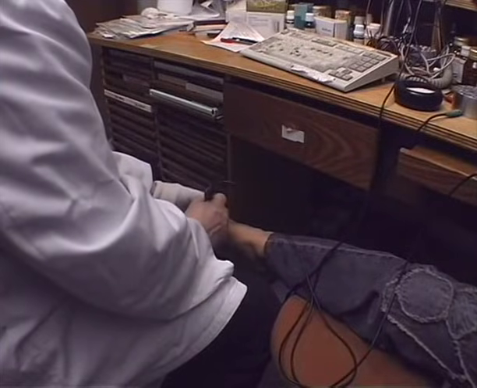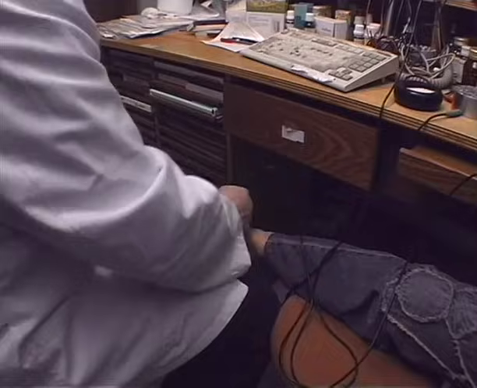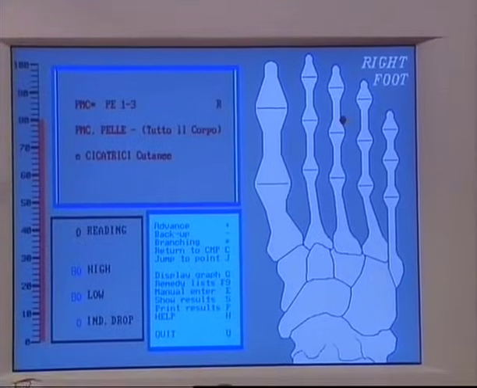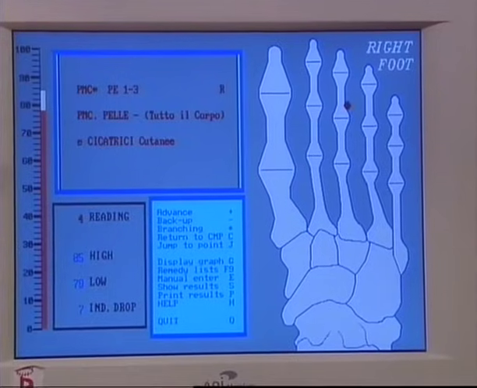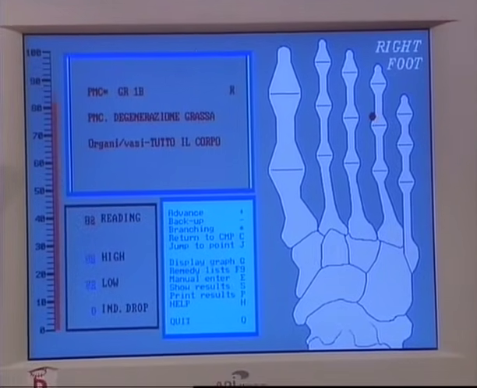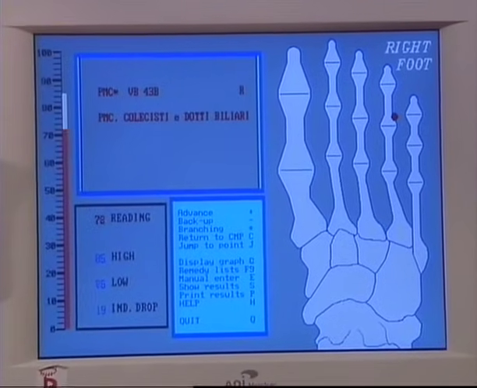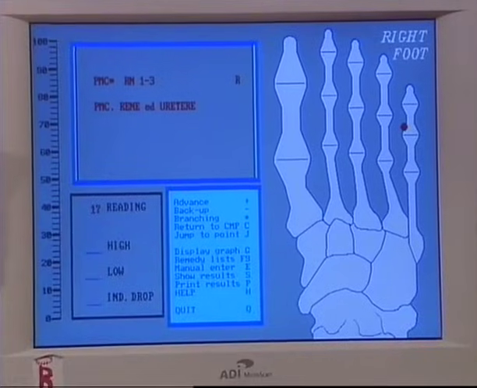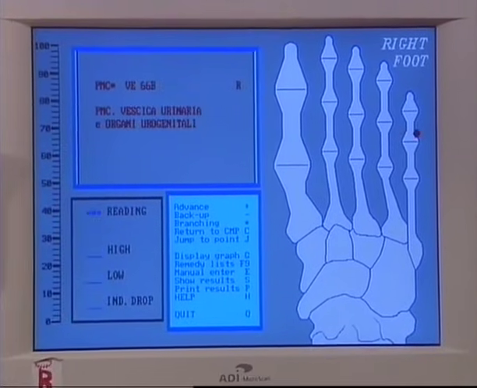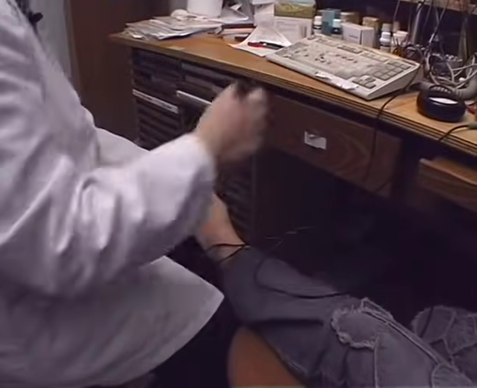This is the stomach. The skin. The gallbladder. Now the other foot.